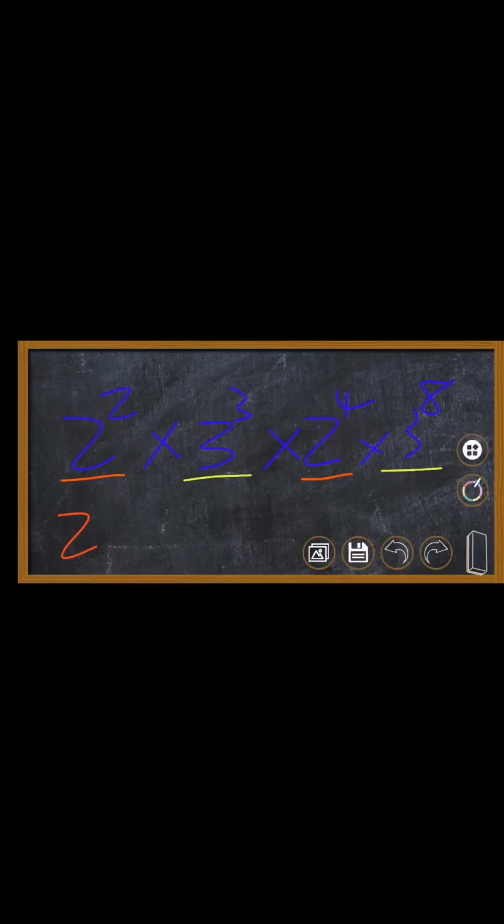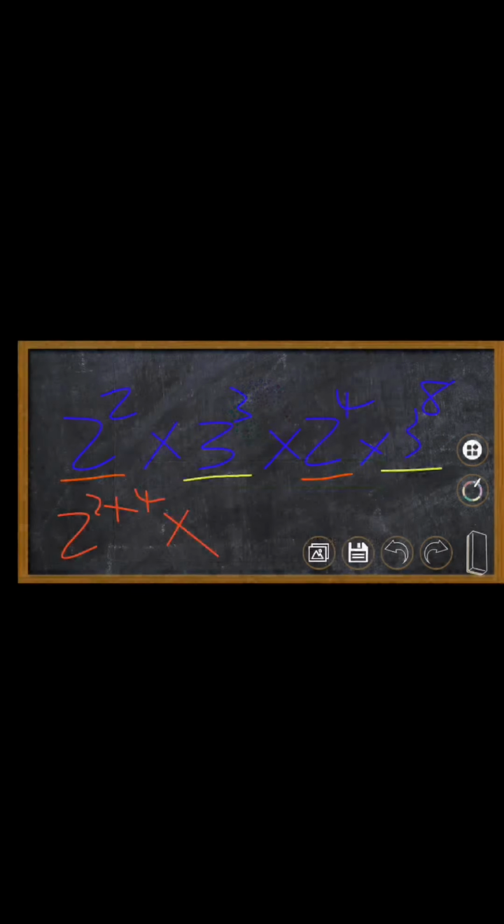So 2 to the power of 2 plus 4, because the 2's are equal bases, so we can add the exponents. Times, because there's still a times, so we just put our times there. And we have 3 to the power of 3 plus 8. And so that's how you would write this.